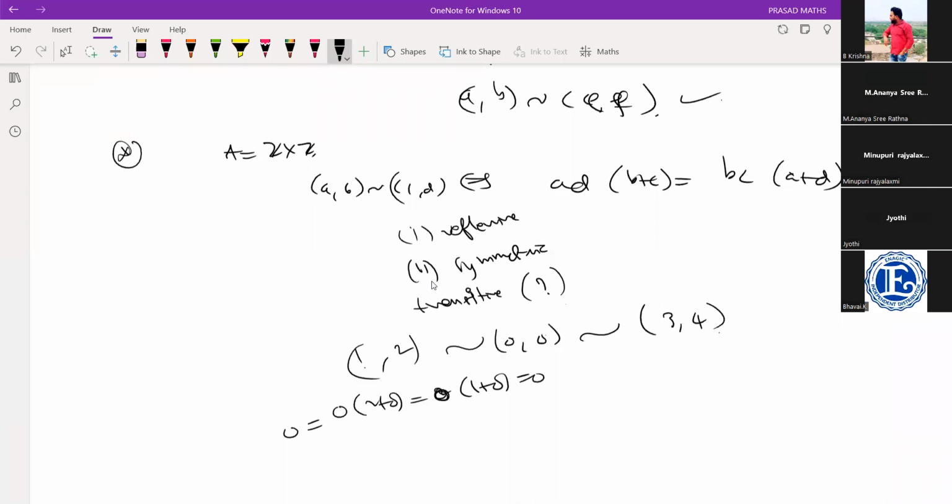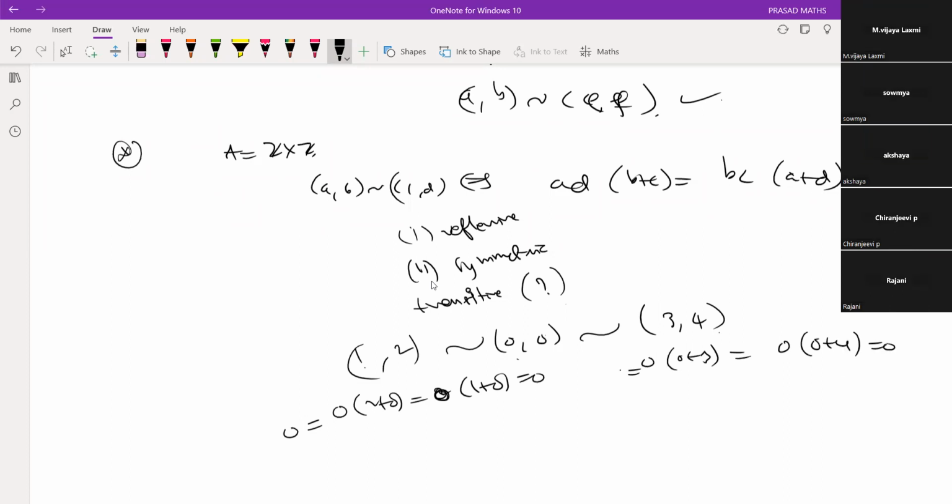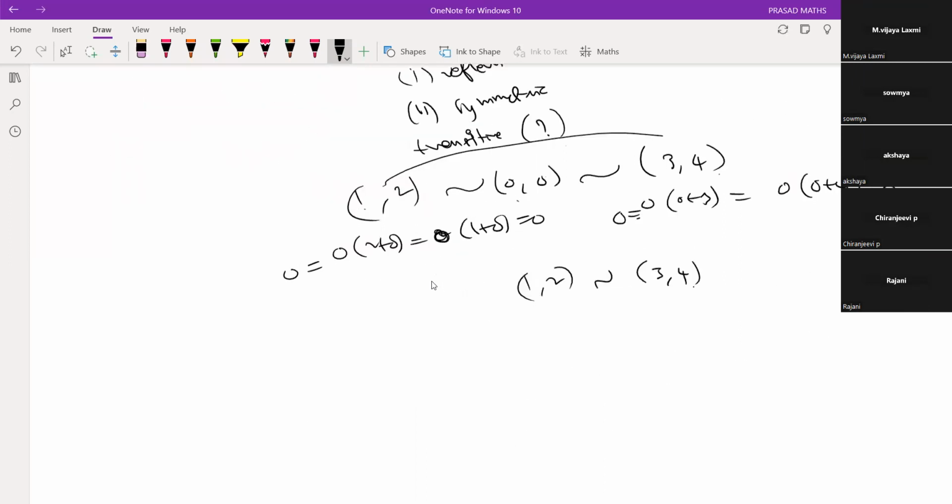Question: is (0, 0) related to (3, 4)? Yes, 0 into 3 is 0 into 0 plus 4. Identity with the question: are (1, 2) and (3, 4) related? No. So 1 into 4, that is 4, 2 plus 3, 6 fours are 24.